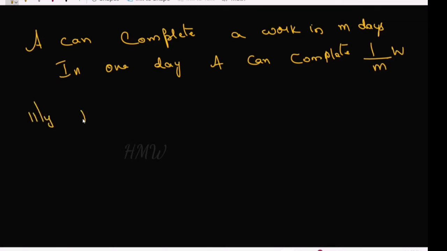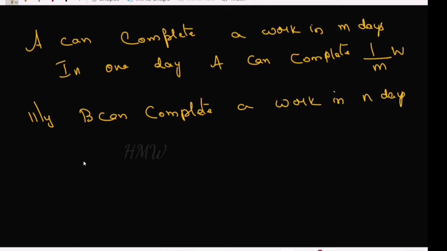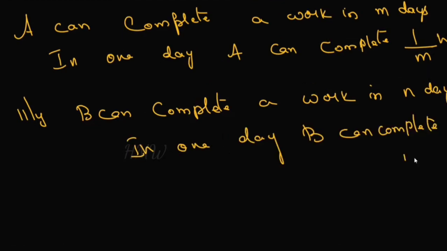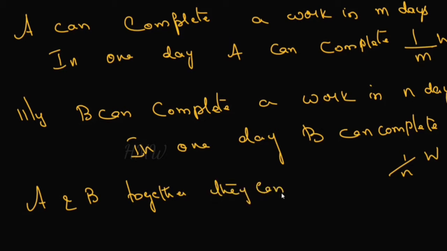Similarly, B can complete a work in n days. So in one day, B can complete 1 by n work. So if A and B work together, they can complete the work in P days.